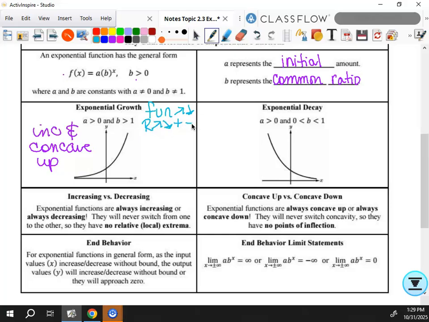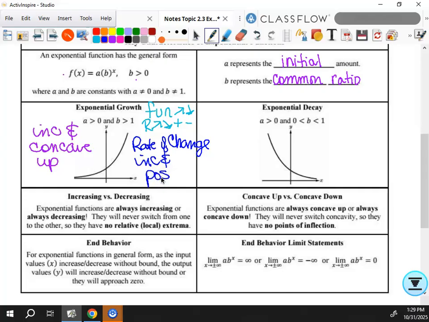So then tell me, for exponential growth, is the rate of change increasing or decreasing? Increasing, because the function is concave up, right? So rate of change is increasing, and is the rate of change positive or negative? Positive, because the function is increasing, right?